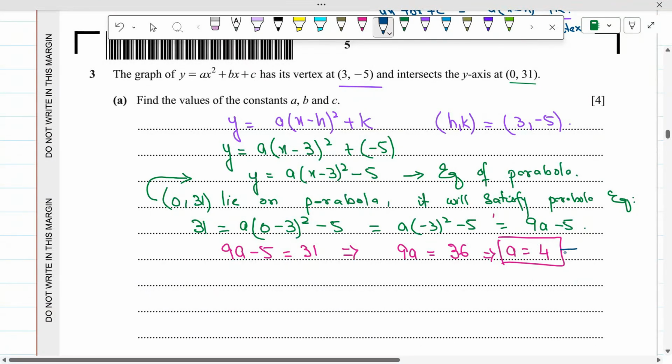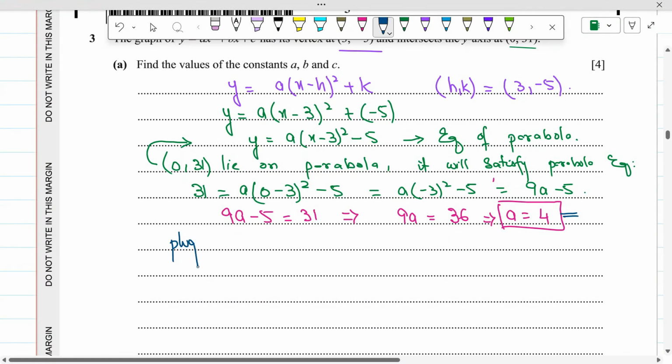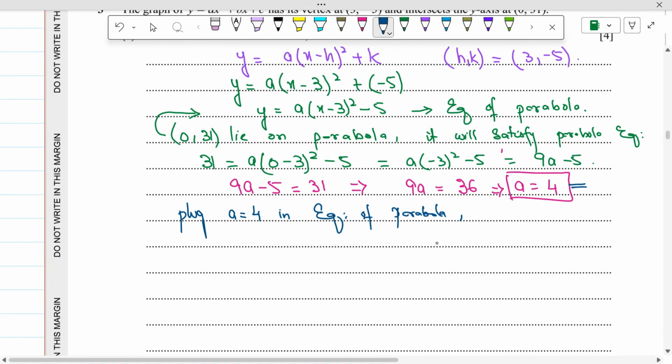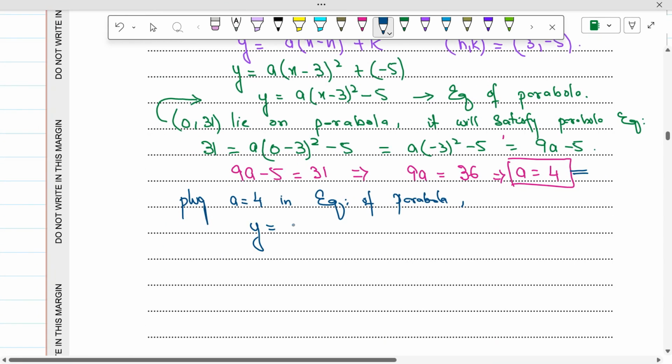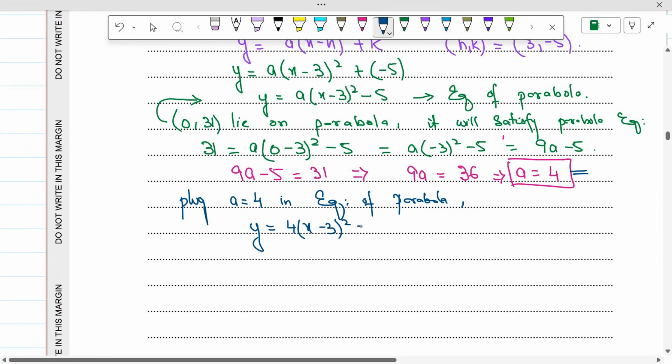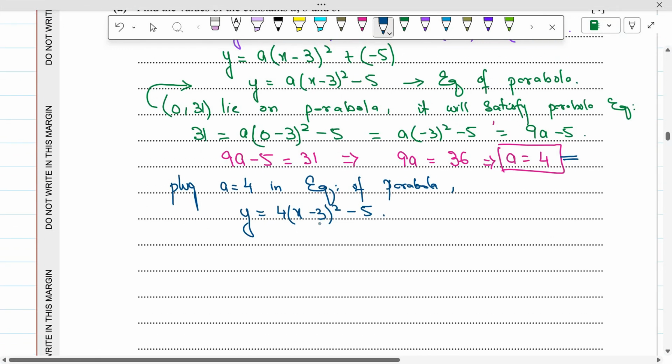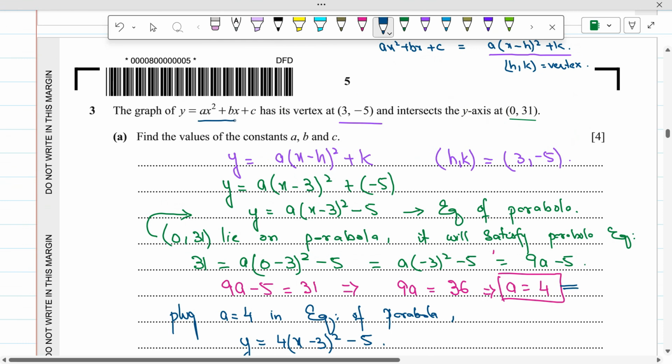Plugging this value, a equals 4, in the equation of the parabola, we will have y equals 4 times (x minus 3) whole squared minus 5. When we solve this equation, we will have this format.